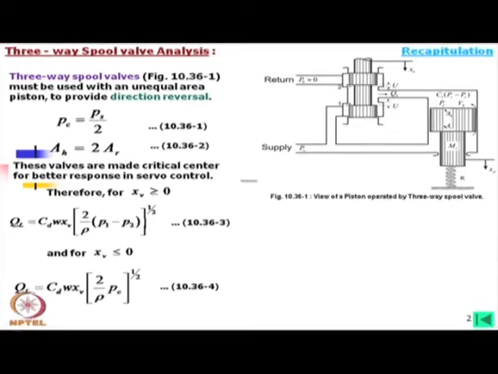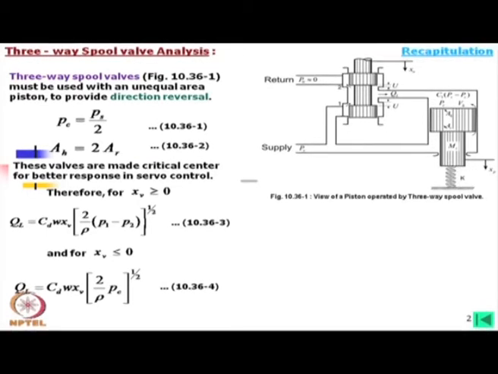CD should be determined experimentally, but normally for such a spool where these edges are very sharp, this CD can be taken from the von Mises model, which is around 0.6 to 0.63 or something like that. So, normally we do not need to go for any special experiment for such valves.